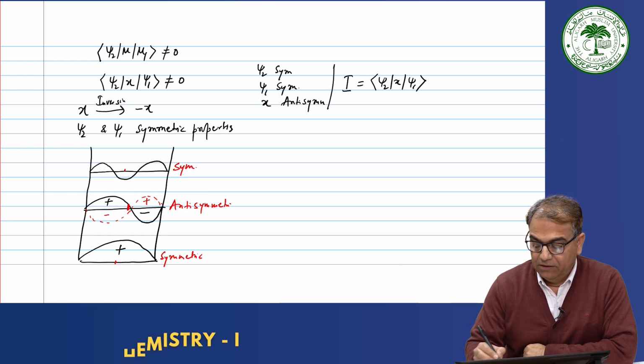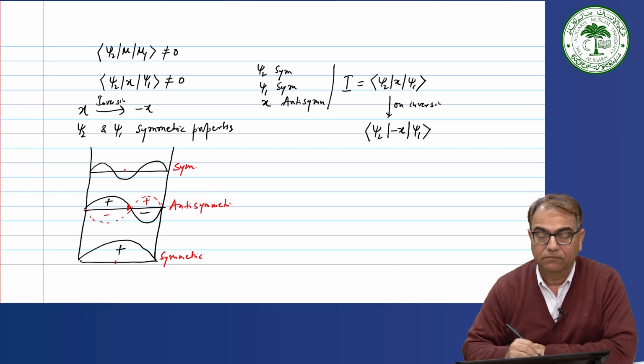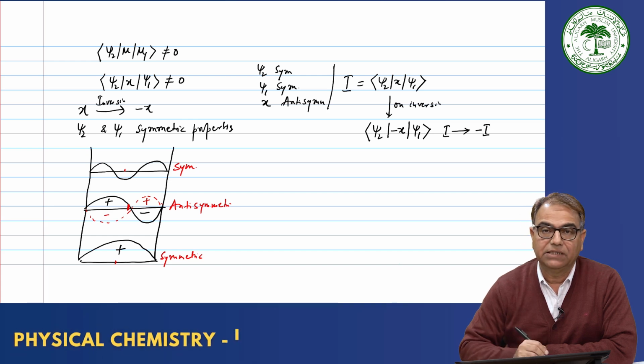Then what will happen? If you invert this one, on inversion, there will be no change in the sign of psi 2. Psi 2 will remain as such, but there will be a change in the sign of x, and psi 1 will also not change. It means I goes to minus I, and this is possible only when I is 0.